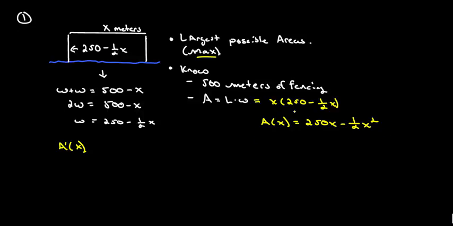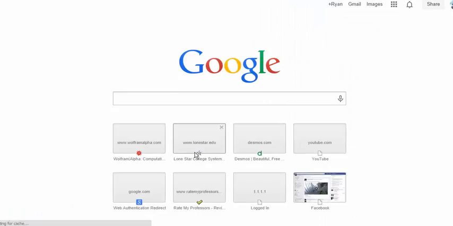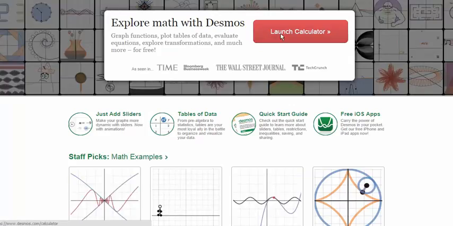This function describes area. So if I graphed this out, you know what? Let's go ahead and do that. So I'm going to pull up Desmos. Let's just take a look at our area function.